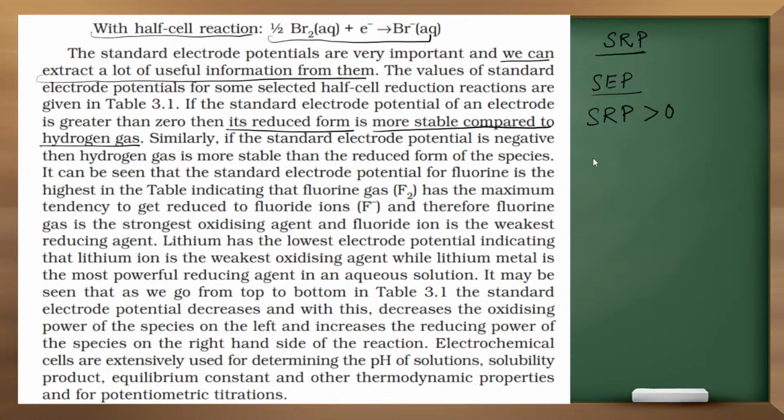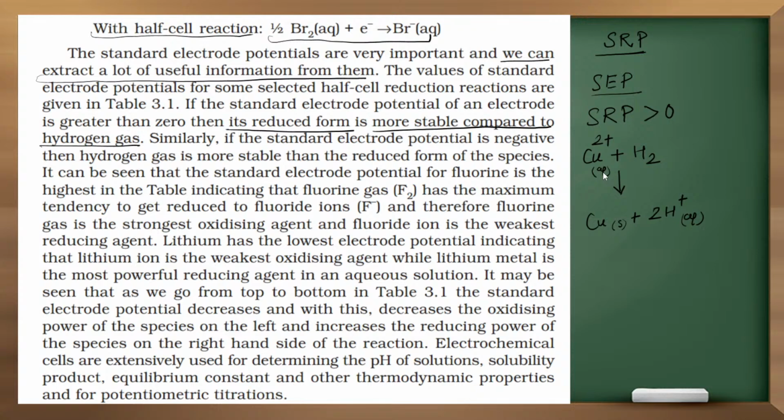For example, in case of copper, copper 2 plus is reduced by hydrogen gas to copper solid, and hydrogen gas itself gets oxidized to H plus ions.